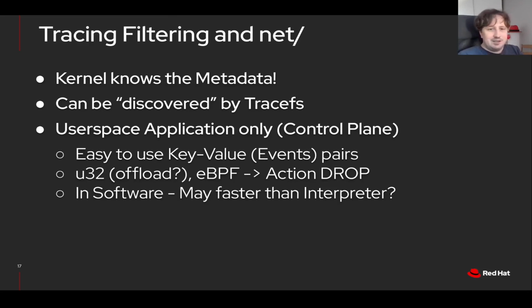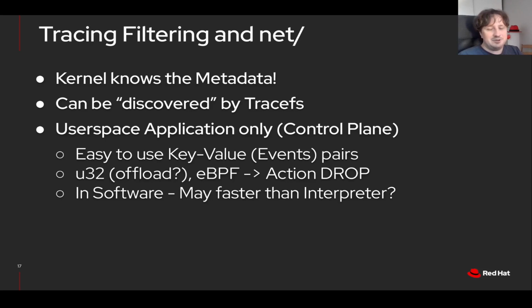So in case of the tracing filtering and the networking subsystem, we know that the kernel needs to know all the metadata, how the tracing data is constructed with the TLV fields. This can all be discovered by the tracefs.